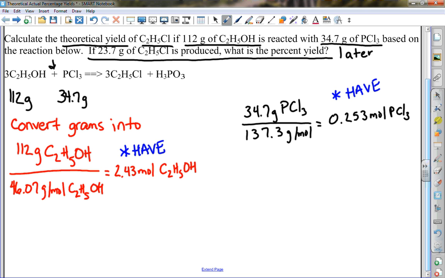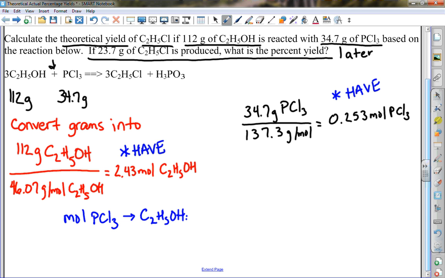So now we're going to take one and convert it to moles of the other. Let's do the moles of the phosphorus trichloride into the ethanol so that you can have a comparison.